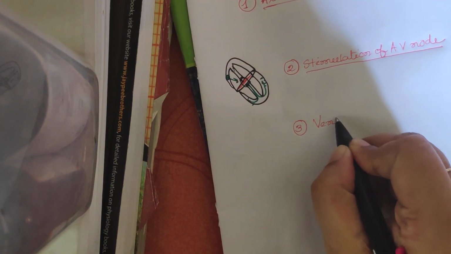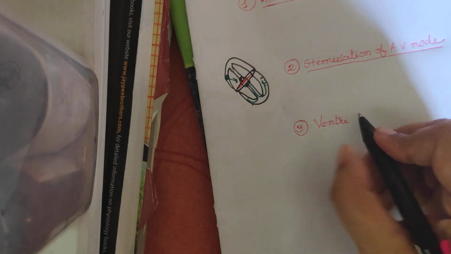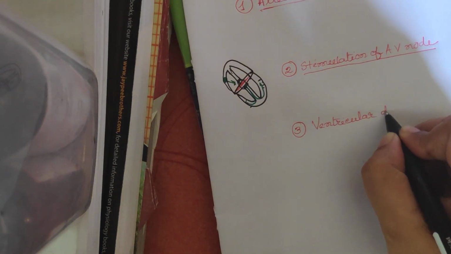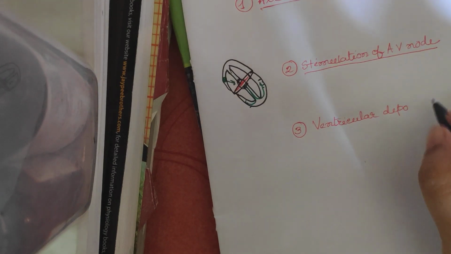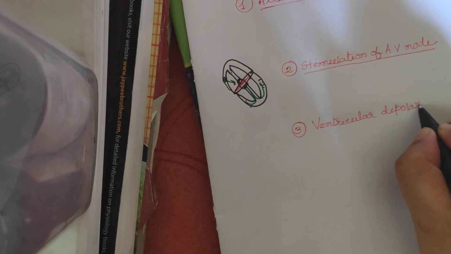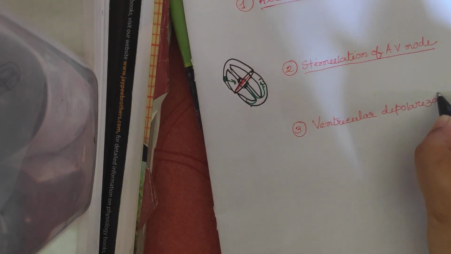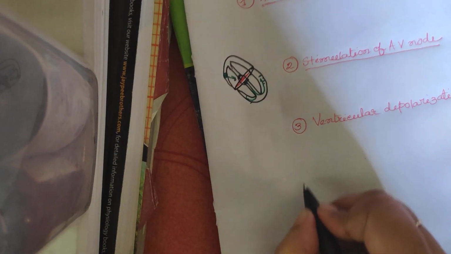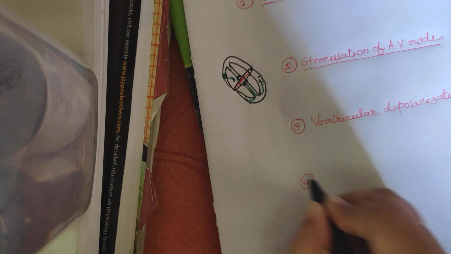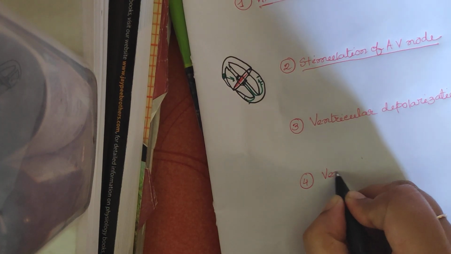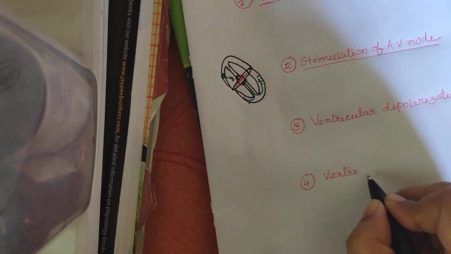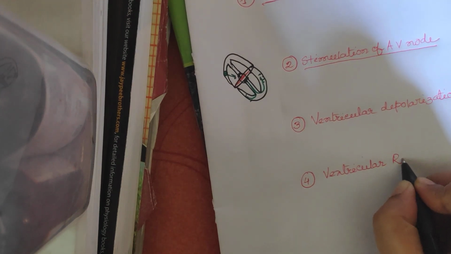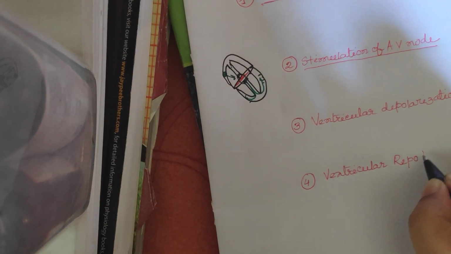So the third event is ventricular depolarization. When the whole ventricle is depolarized, the fourth event will be what? That is ventricular repolarization.